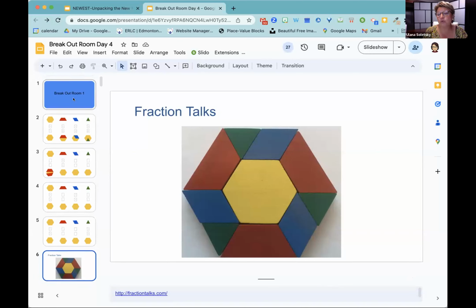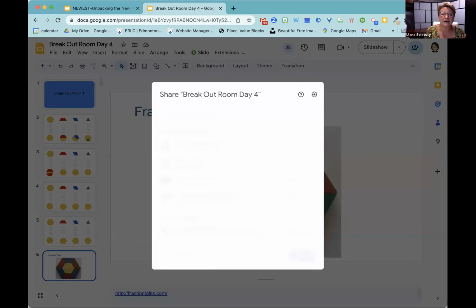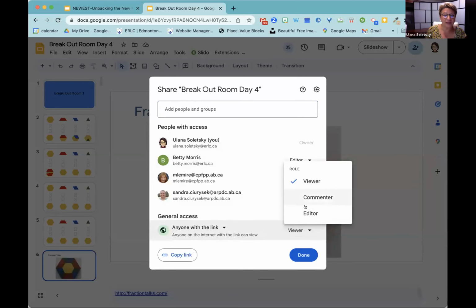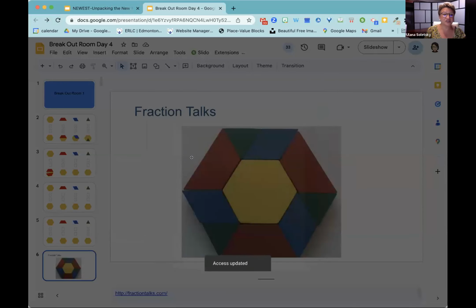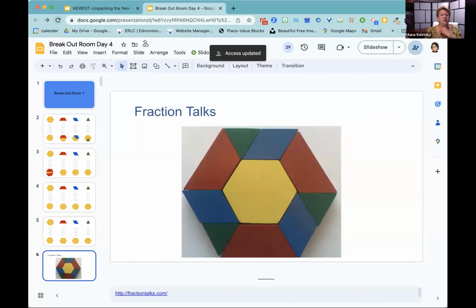When you get into the breakout room, please note what number it is. Now you're all editors, so all you have to do is go up and refresh. Then let's go into the breakout rooms.